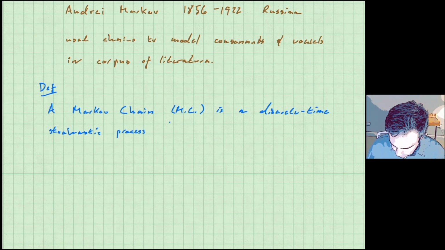And then we'll give some symbols to it. We'll say it's x sub t. So those are the random variables that make up the process, where t is equal to 0, 1, 2, and so on.